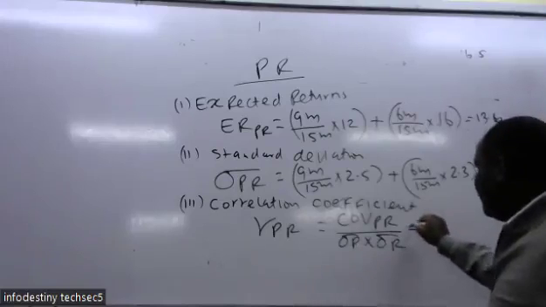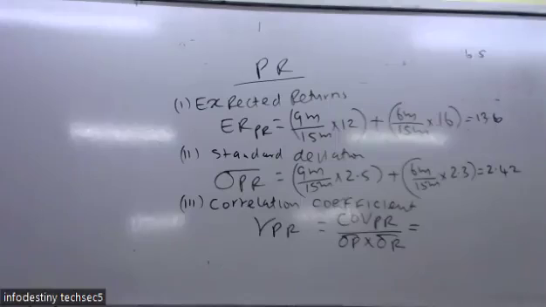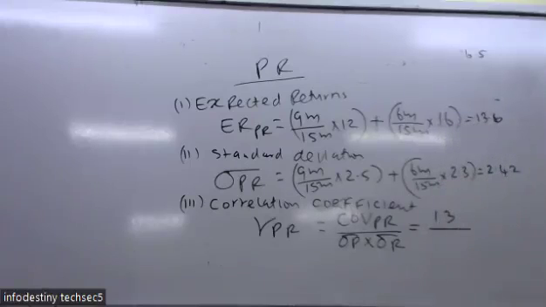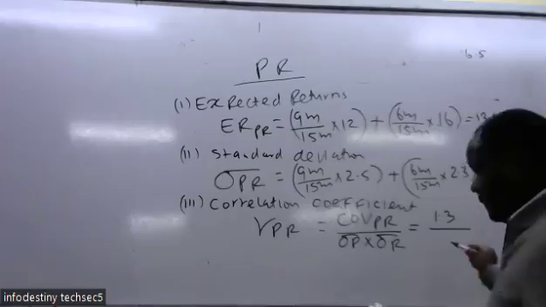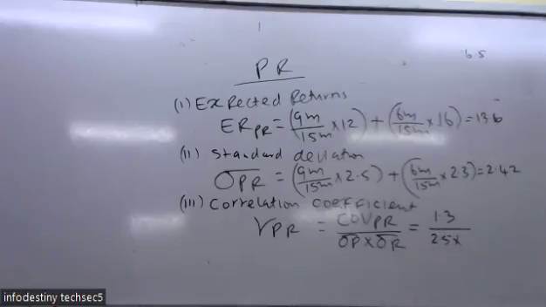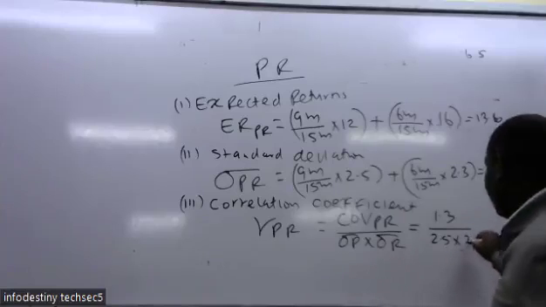So what are we given as the covariance between P and R? You take the 1.3, then the standard deviation for P, which is 2.5, then the standard deviation for R, which is 2.3.